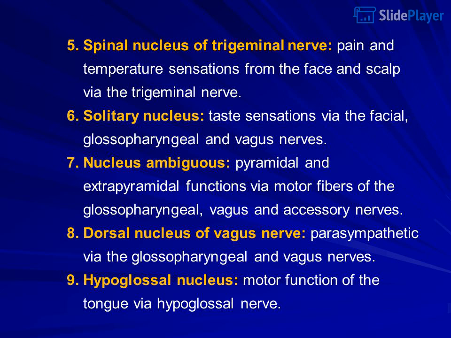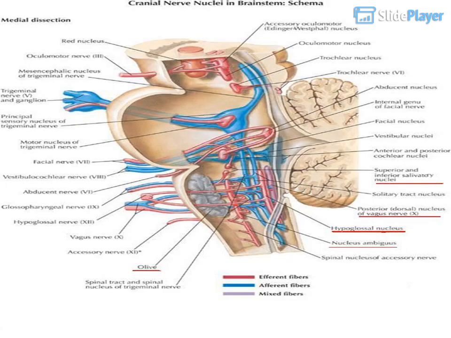Nucleus ambiguus, pyramidal and extrapyramidal functions via motor fibers of the glossopharyngeal, vagus and accessory nerves. 8. Dorsal nucleus of the vagus nerve, parasympathetic via the glossopharyngeal and vagus nerves. 9. Hypoglossal nucleus, motor function of the tongue via the hypoglossal nerve.